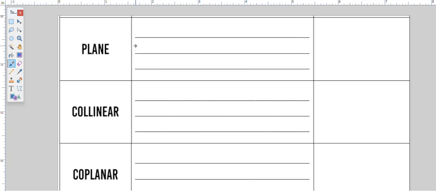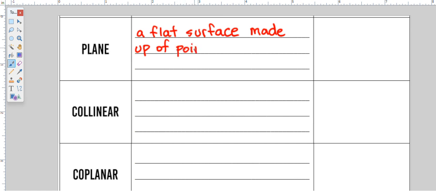Planes are a flat surface made up of points that extend indefinitely in all directions.